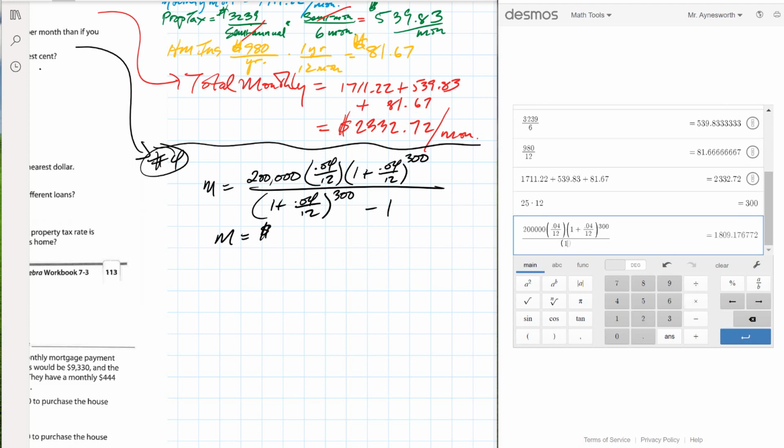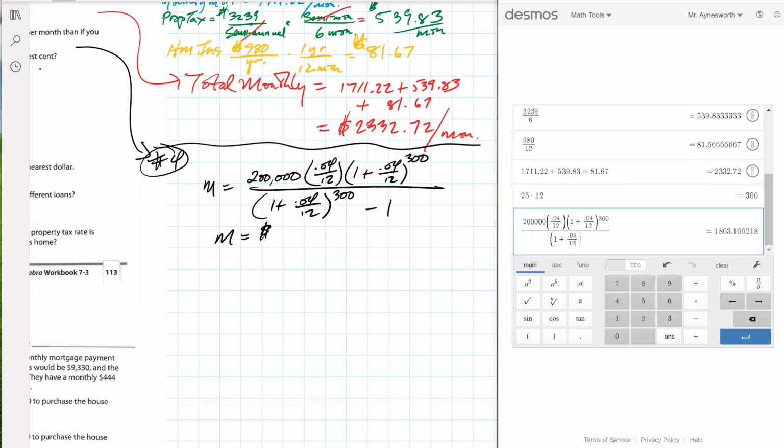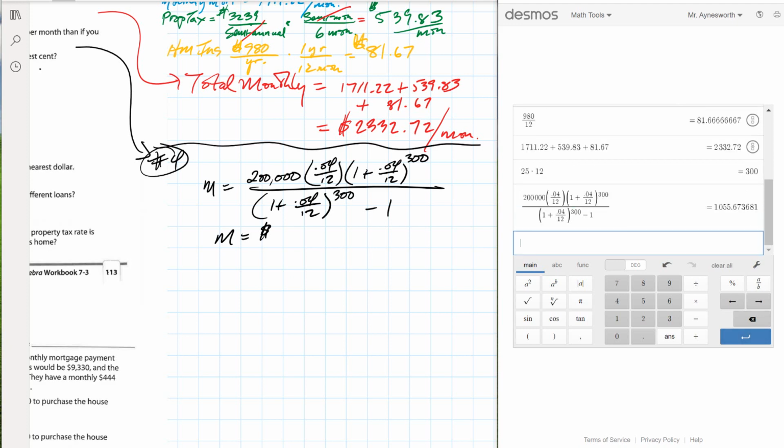And then you divide that by 1 plus 0.04 divided by 12, and you raise that to the 300th power again. And then get out of the exponent before you subtract 1. And notice that we're dealing with a 1,000. Let's see here. Yeah, 1,055.67. So there's your monthly payment. 1,055.67 per month.